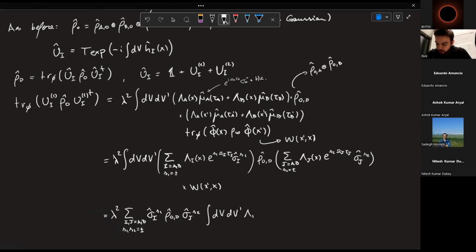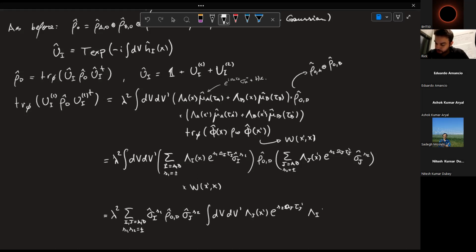And this will be lambda_I of, I'm going to actually bring the x-primed version here before, because x prime is the first argument of the Wightman. So this is lambda_J of x prime. These should be primed, apologies for this, right? They were primed up there. So e to the s2 omega_J tau_J prime.